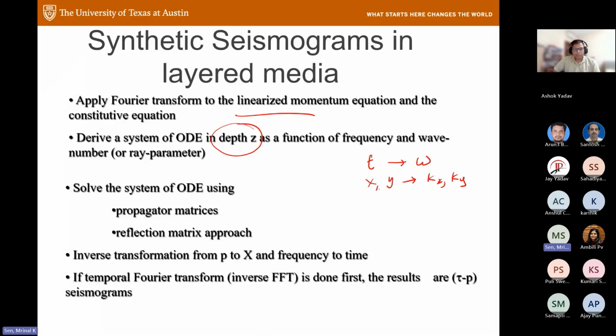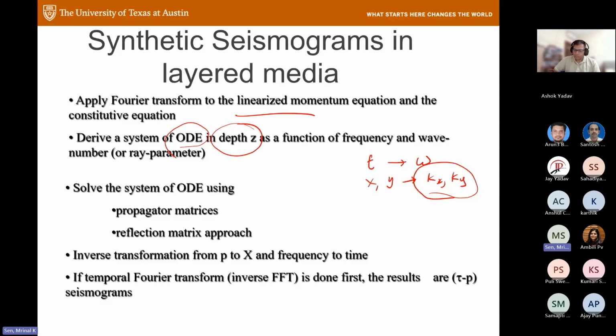And the reason we can do the transformation is that we assume that in the x and y direction the properties are not varying. Properties are varying only as a function of depth. So the next thing is, how do we solve this ODE? Now there are two approaches.